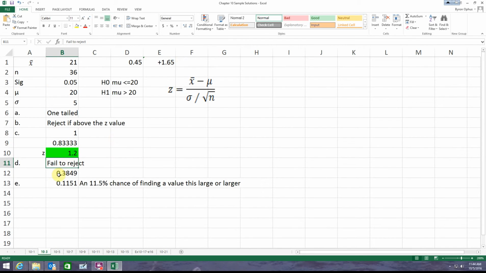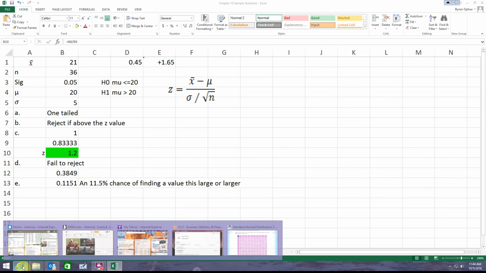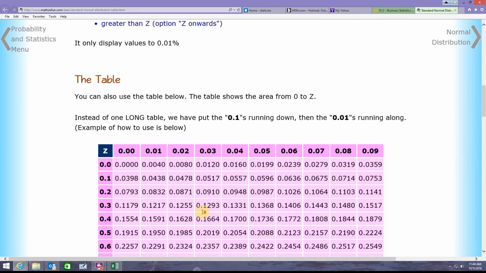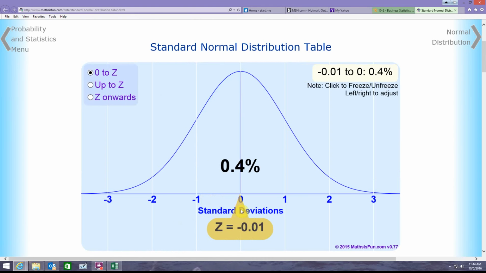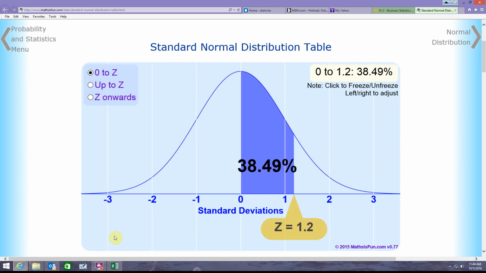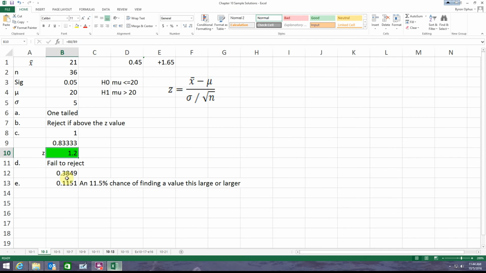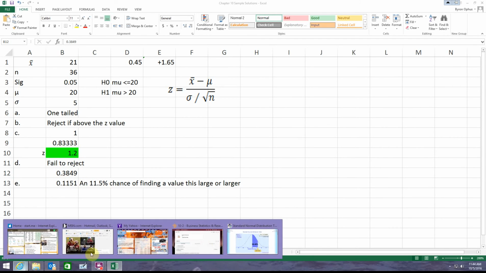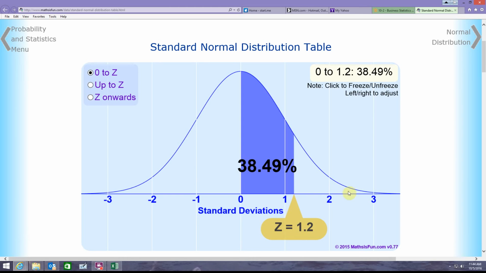Then once again it says find a p-value, and since my z is the same as what I had before, your z might be something different, but my z is 1.2, so the area is 38.49%. But it's a one-tailed test, so I'm looking for the chance that it's out in this area.